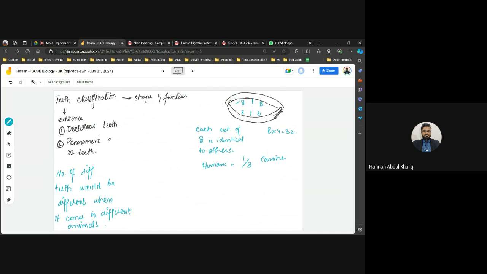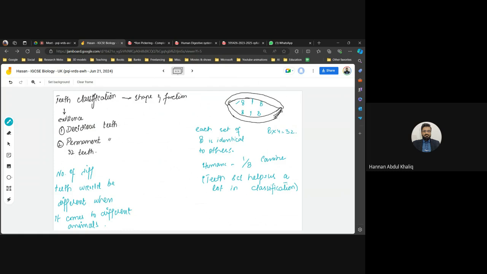So four canines. Remember, the teeth set helps us a lot in classification as well. We can figure out the food preferences of an organism on the basis of its teeth set.